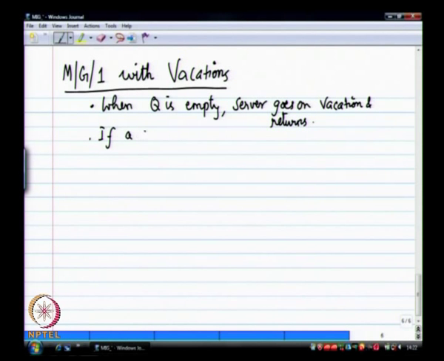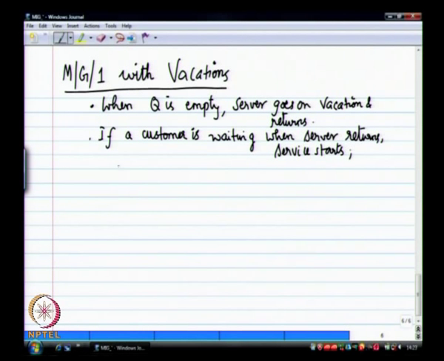If a customer is waiting when the server returns, then this customer is serviced, then service starts. Else, the server takes a vacation again and then returns after some time. So let V be the random variable representing the vacation time.